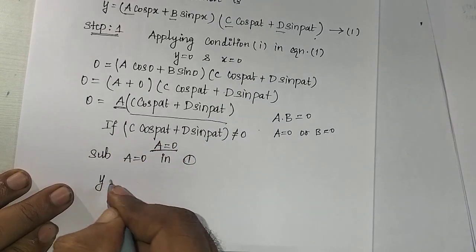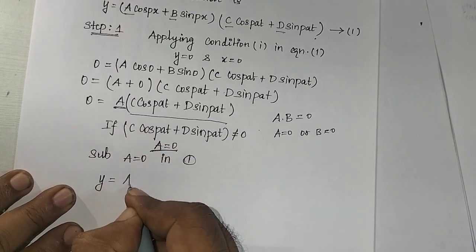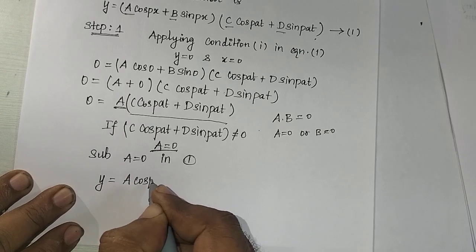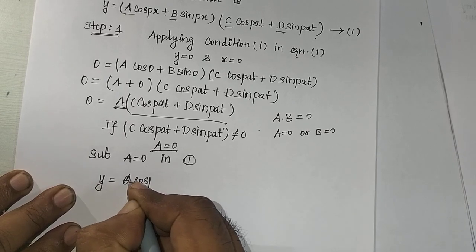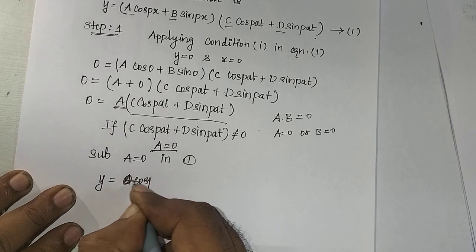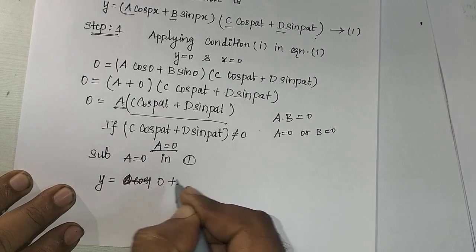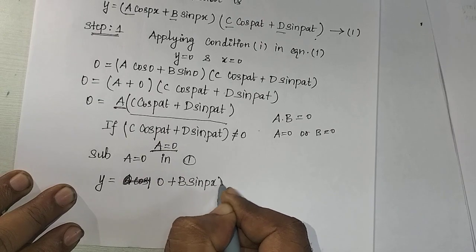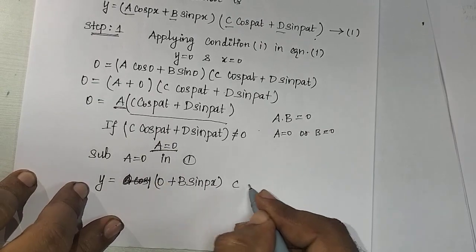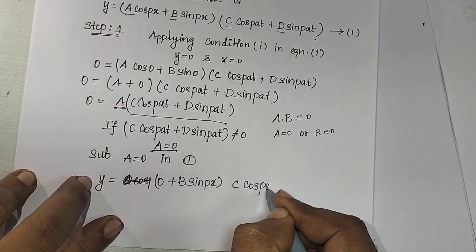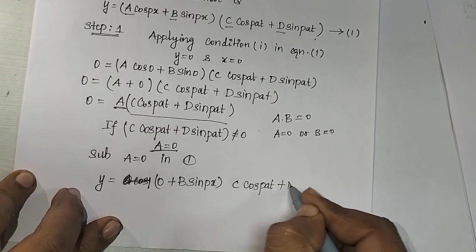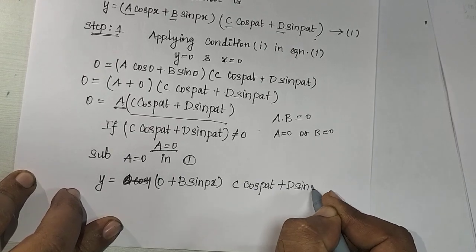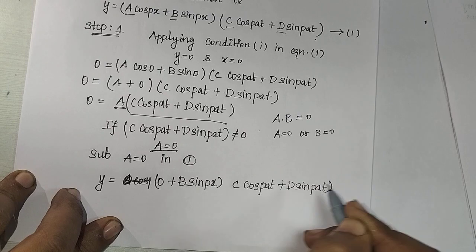I will get y = a cos px, sorry, a = 0 means that entire term becomes 0, plus b sin px (c cos pat + d sin pat).